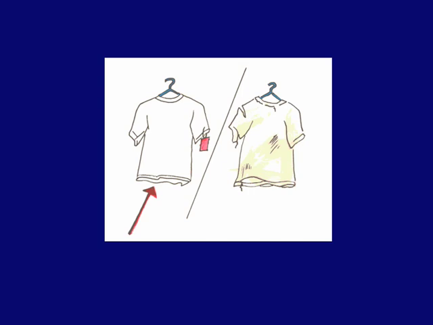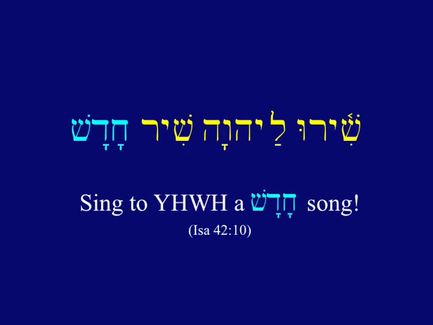We can see in this picture that one of these shirts is old, but the one on the left is new, chadash. So for example, in this clause, Shiru ladonai shir chadash.